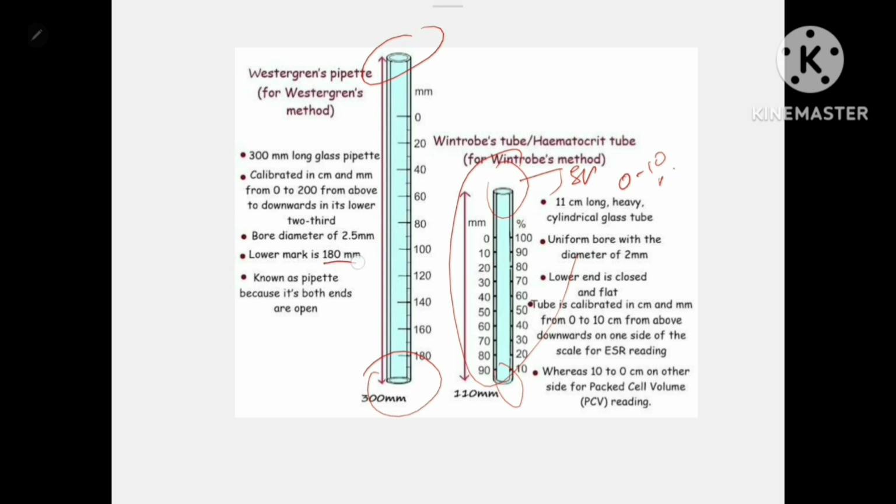The length is 300 mm and the bore diameter will be 2.5 mm. The marking will be 0 to 200 from above downward in its lower two-thirds. It is known as a pipette because both the ends are open.